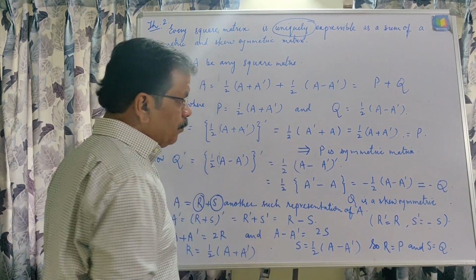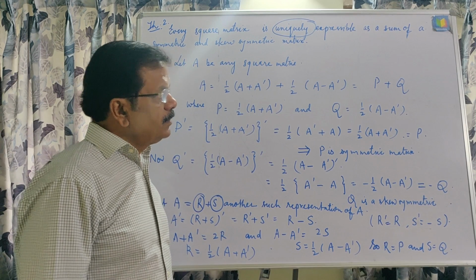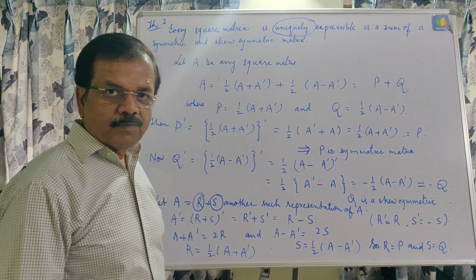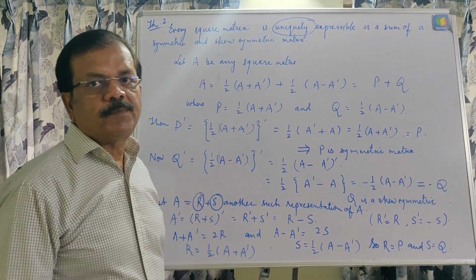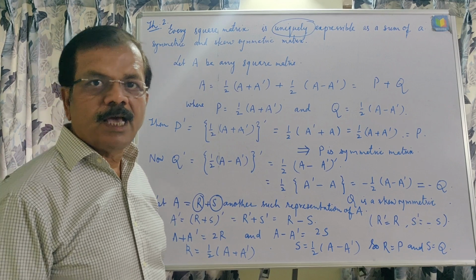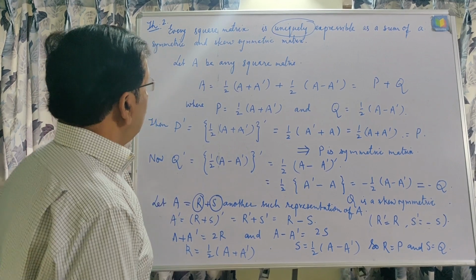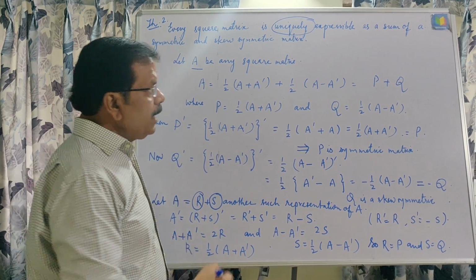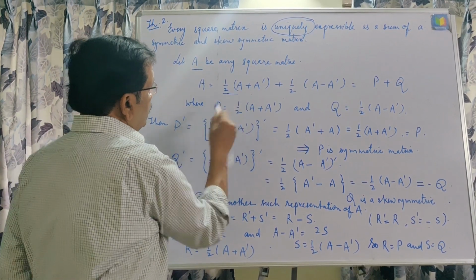This is a very important theorem, and we will get questions based on this. Sometimes we are given a square matrix and we have to represent it as a summation of symmetric and skew symmetric matrices.